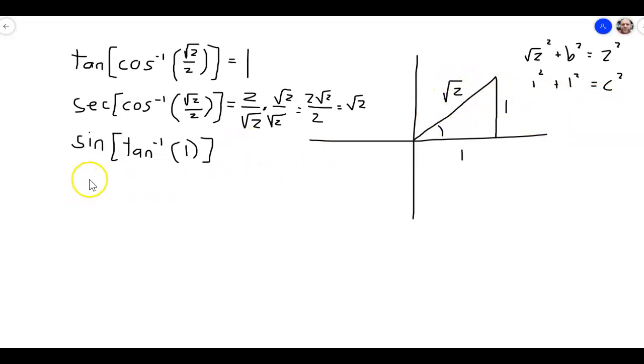And this means that the sine of that is opposite over hypotenuse, 1 over square root of 2, which MyMathLab will take. So you can just leave it like that if you want to put it in there. Or you can, once again, rationalize the denominator, which is the correct thing to do. So you can multiply by the square root of 2 over the square root of 2, which gives you root 2 over 2.